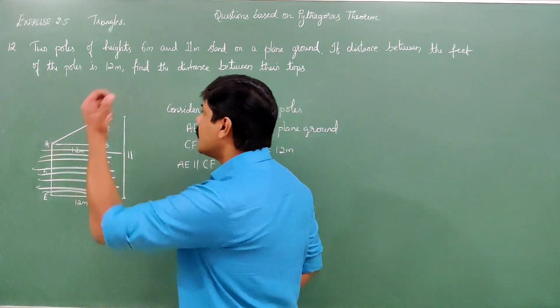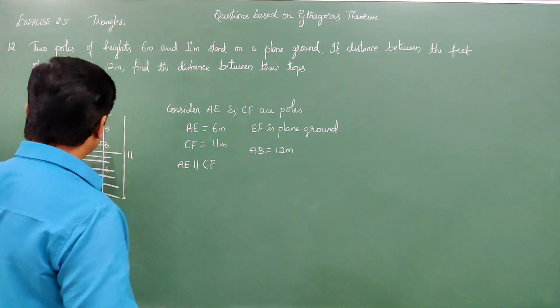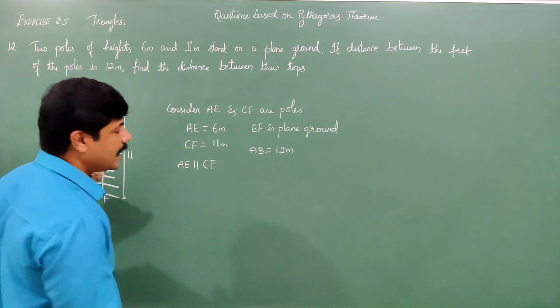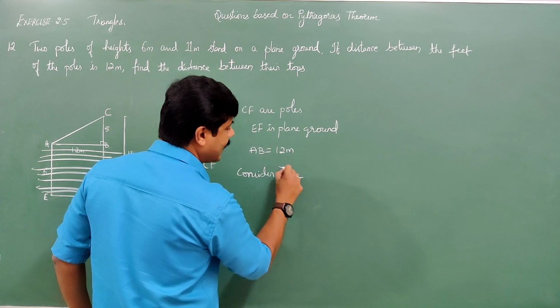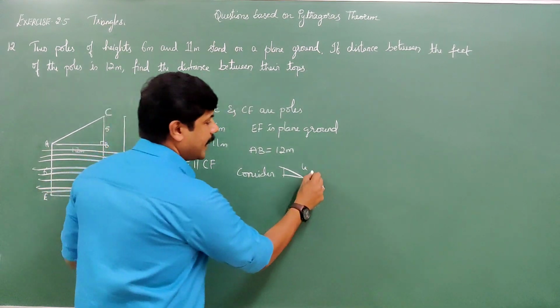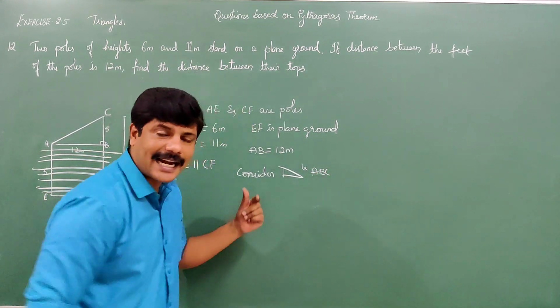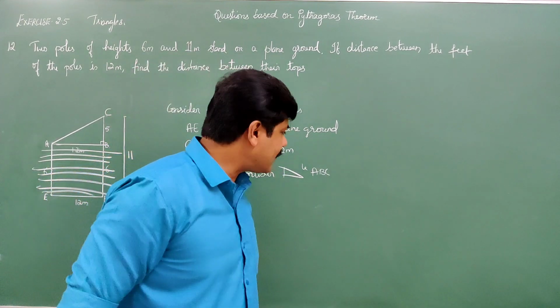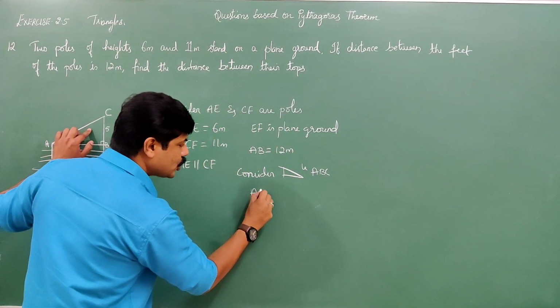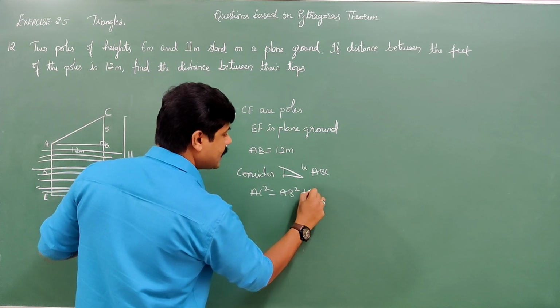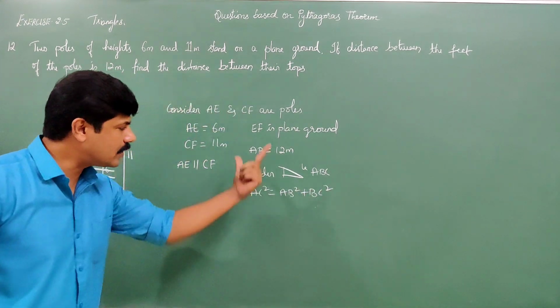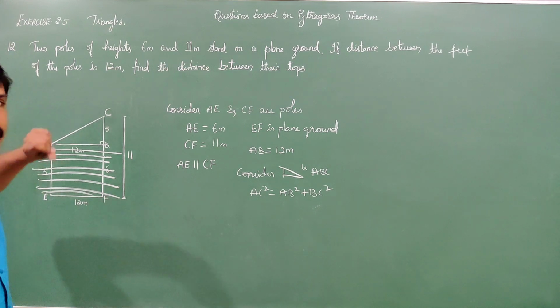So we consider the right angle triangle ABC. By Pythagoras theorem, AC square is equal to AB square plus BC square.